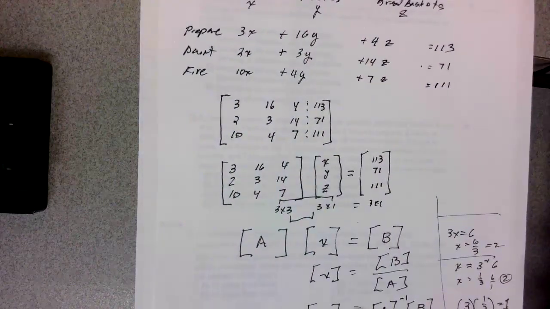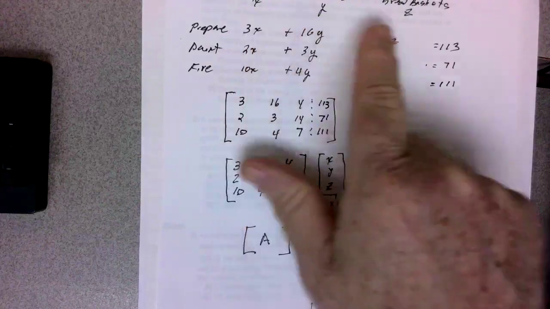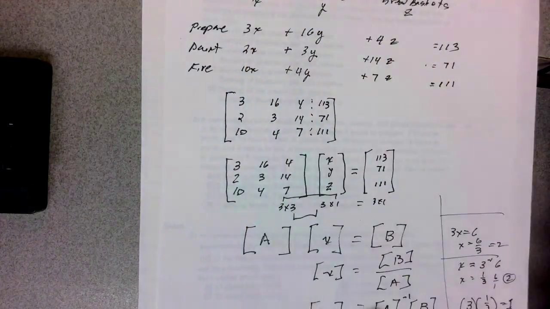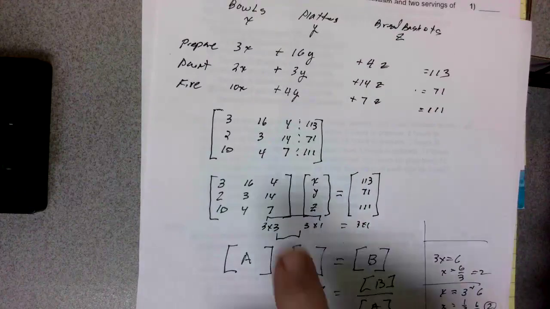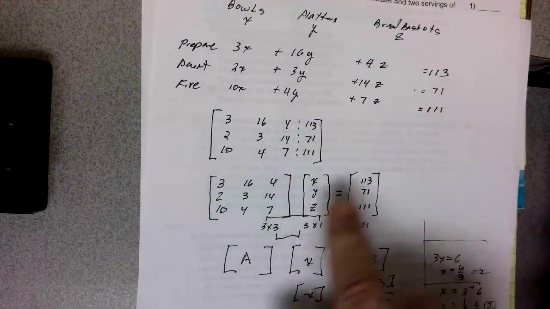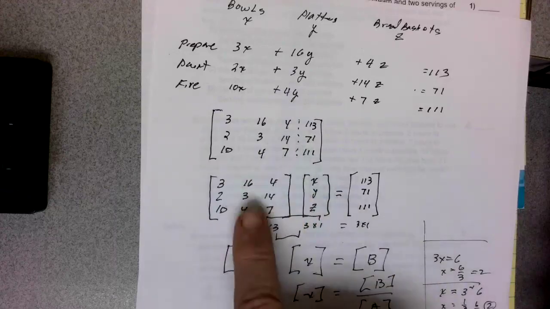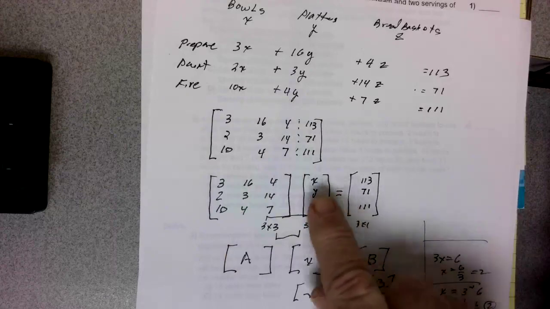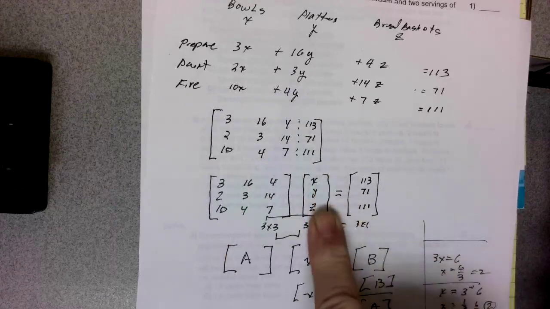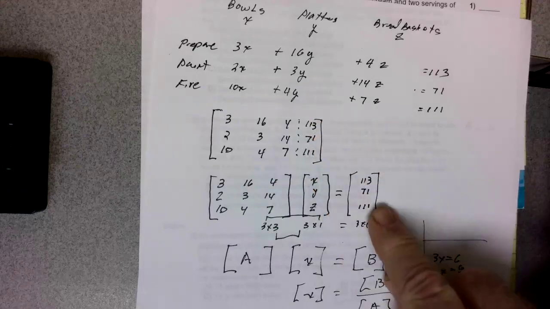And just for convenience sake, rather than talking about bowls, platters, and bread baskets, I just turn those into x's, y's, and z's. Here are the constraint values. Then you think of this matrix approach where you use your coefficient matrix times an x, y, z matrix, which should equal the constraint totals.